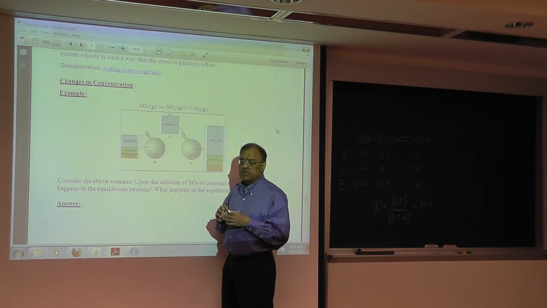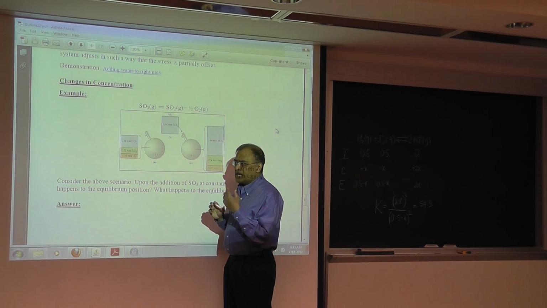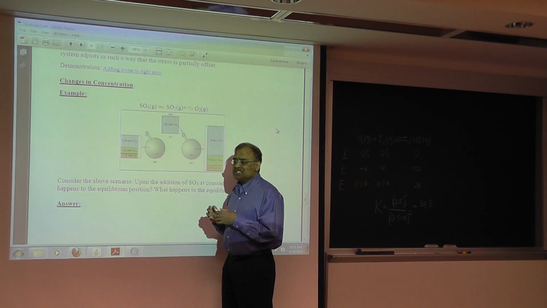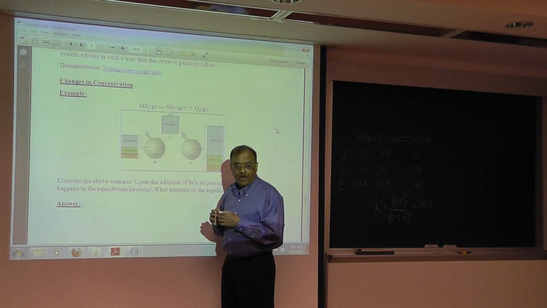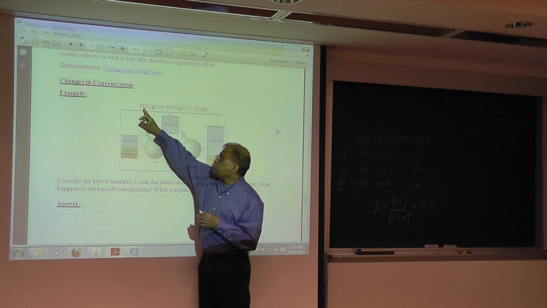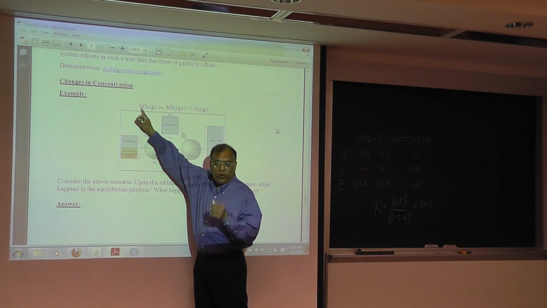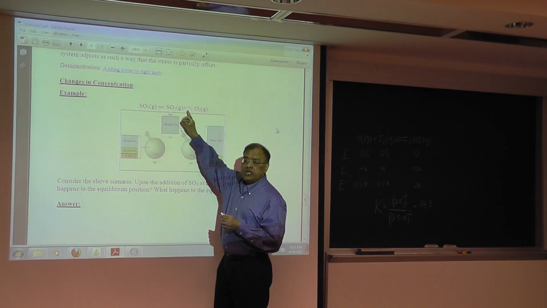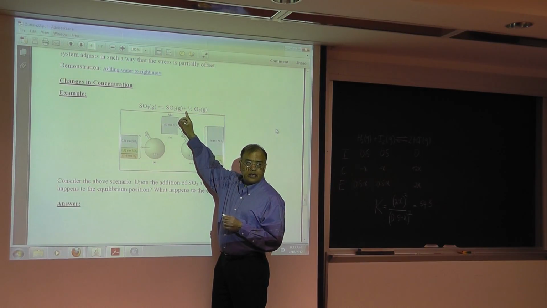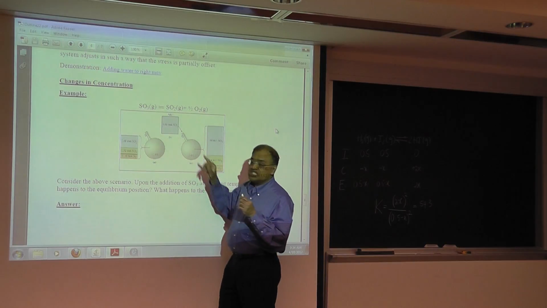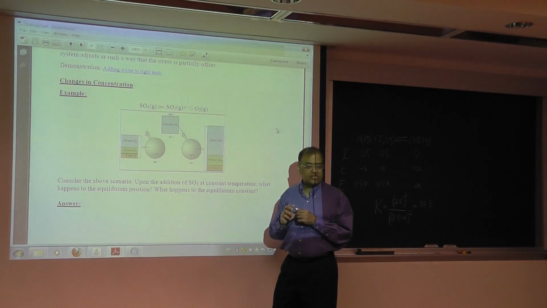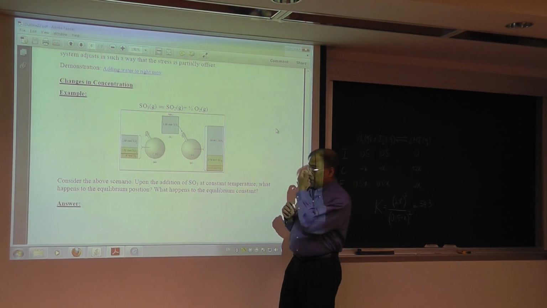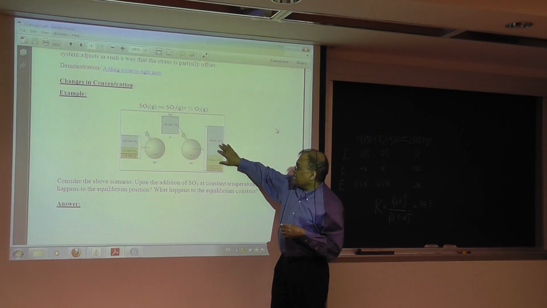Qualitatively, will the reaction move to the left, to the right, or will it stay unchanged? The reaction will move to the right, because you increase the concentration here, and the system will oppose that change and move to the right. Okay, so you will reach another equilibrium position, and you can see that here.